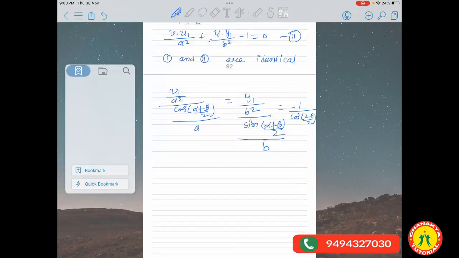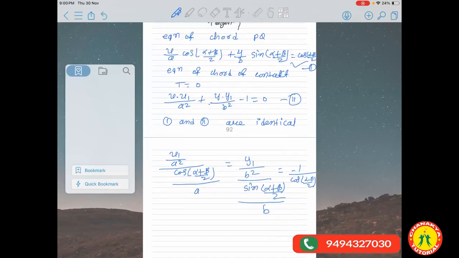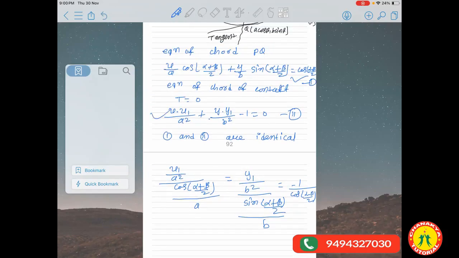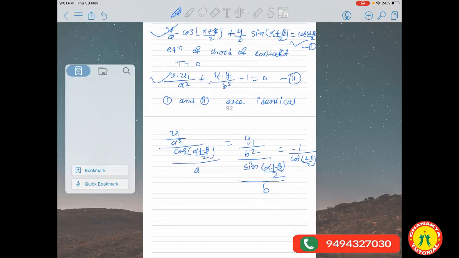Got it? Only their coefficient of x ratio will be the same, right? So take the ratio of the coefficient of x, the ratio of the coefficient of y, and the constant term, because both are identical.